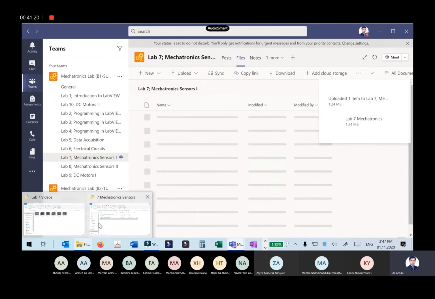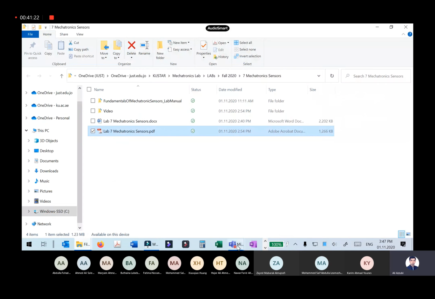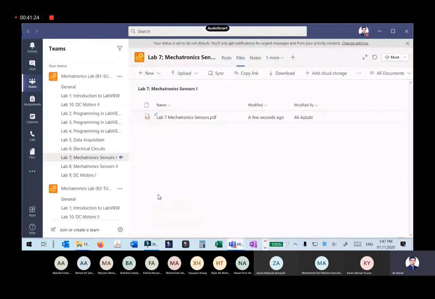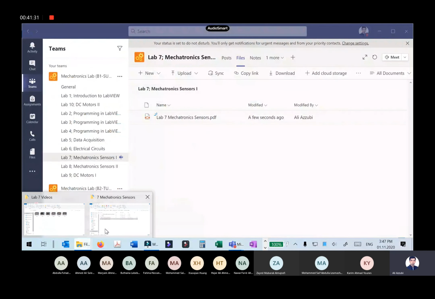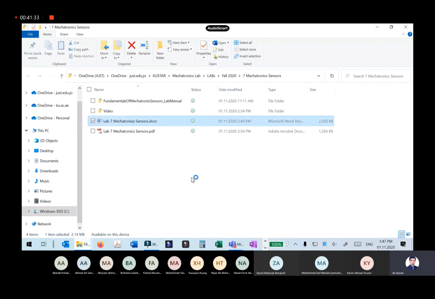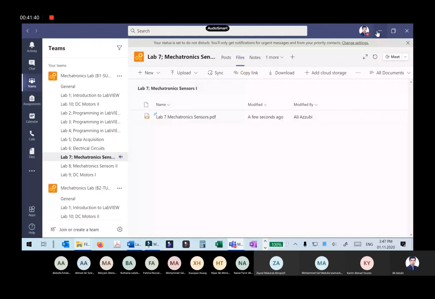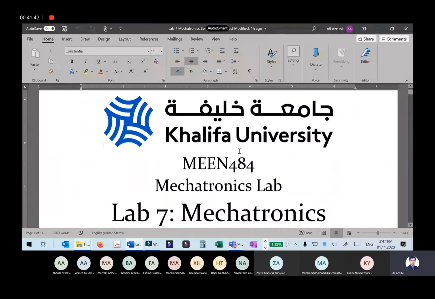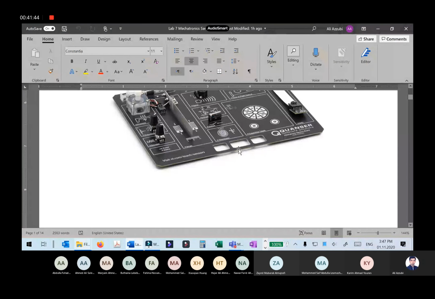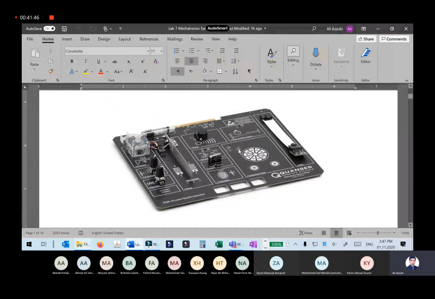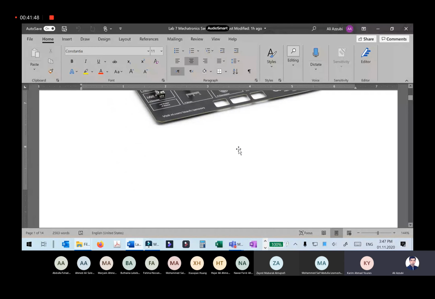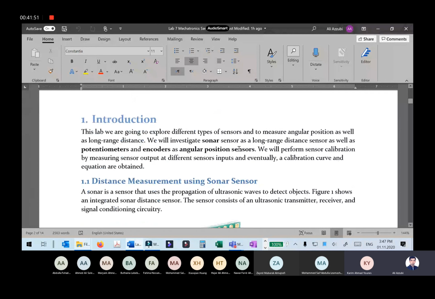Later on I will upload it to e-learning as well. Mechatronics sensors. Can you see the manual in the files tab? Yes, the manual shows up as a PDF.